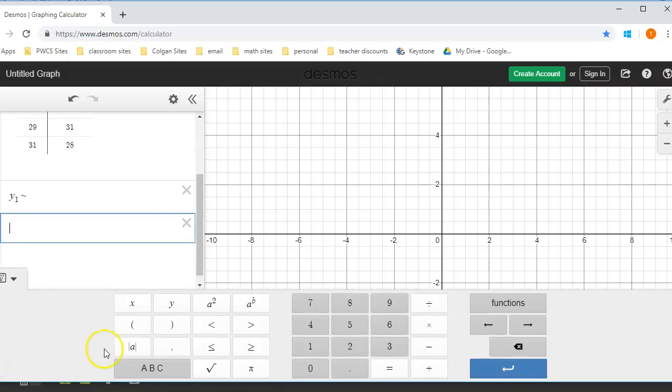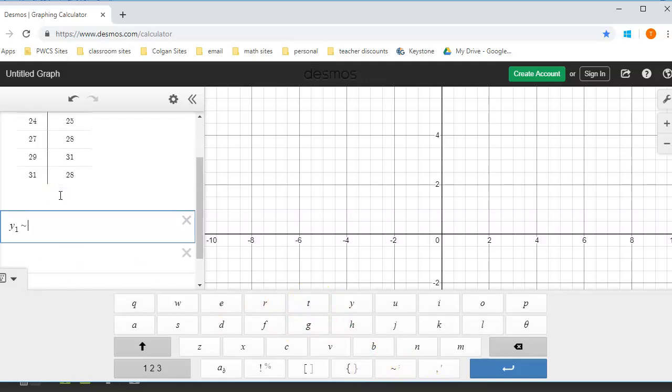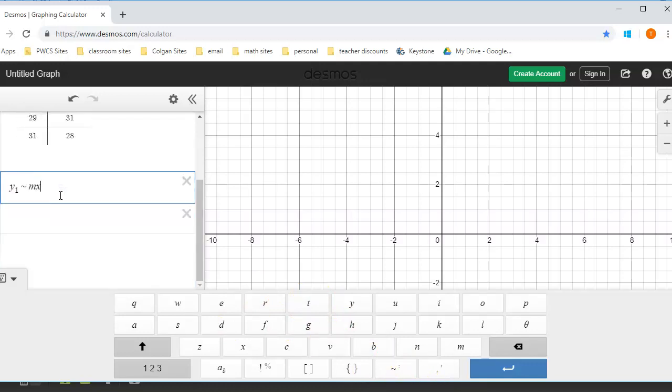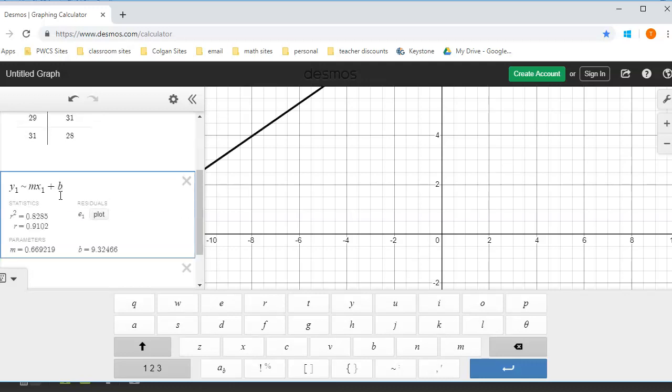If you go into ABC, your tilde is right here. Then MX1 plus B. Just plus B. Yes. Okay. So Y1 tilde MX1 plus B.